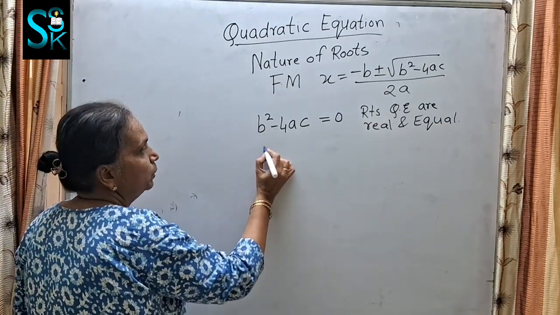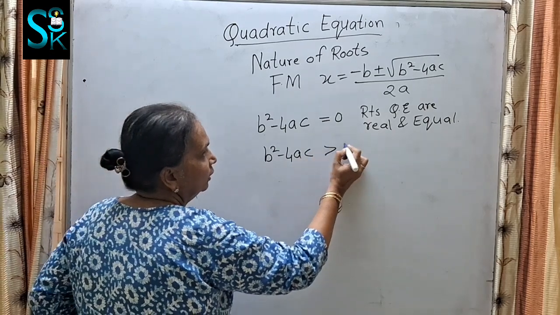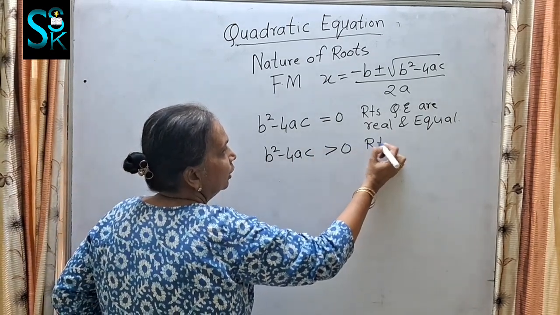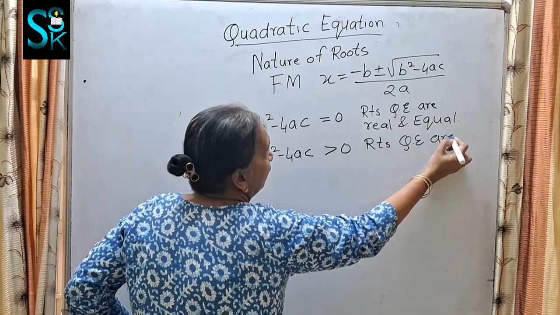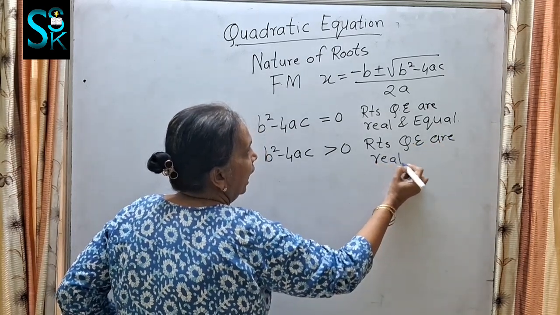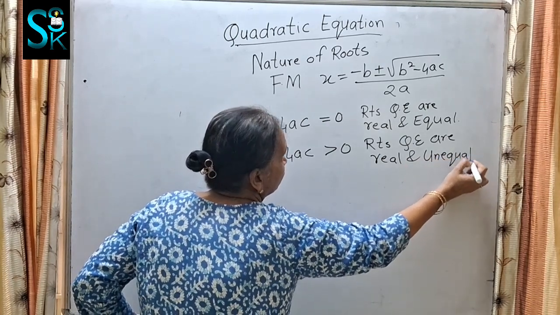Suppose b square minus 4ac is greater than 0, then the roots of the quadratic equation are real and unequal. This you should know.